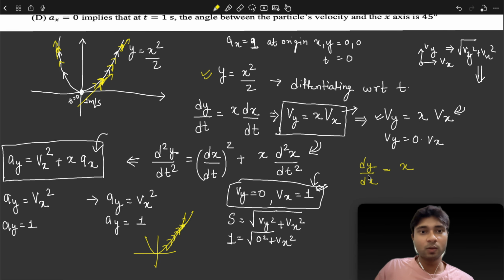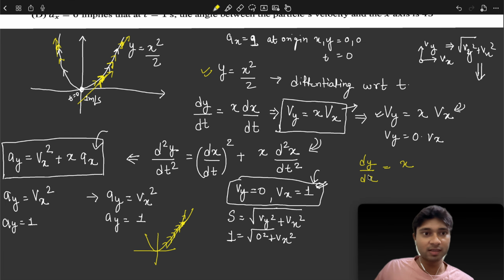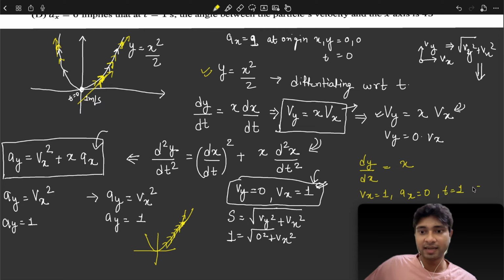So at t equal to 1 second, Ax is 0, so Vx will be 1. Where will it reach at t equal to 1 second? Distance is equal to speed into time, so Vx 1 into 1, which is 1.